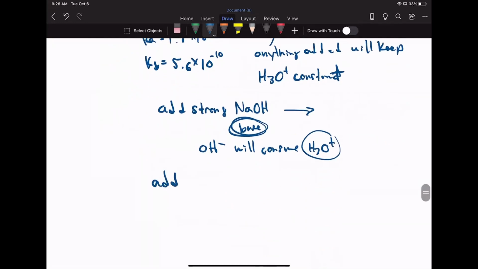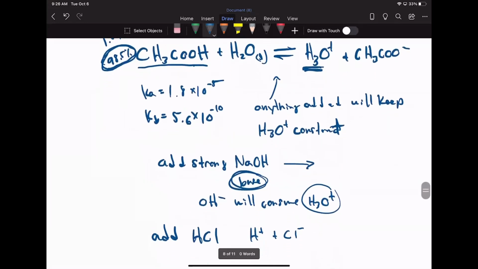If we add a strong acid, so if we add HCl, well, we get H plus and we get some Cl minus. Effectively here, we're going to end up shifting this to the right.